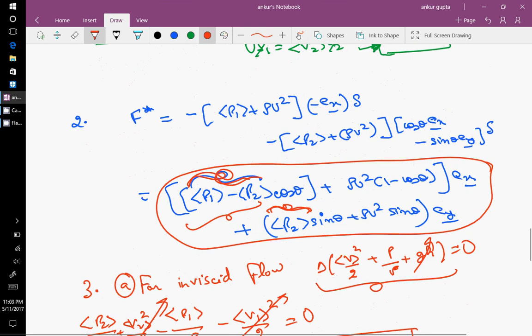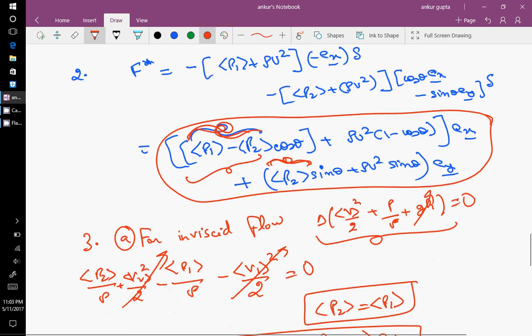So if we have a large theta, let's say a 90-degree bend, in that case you can imagine that P1 minus P2 will be large. There will be some losses because of bending also that we have to take into account. Because of all that, you will see a very different profile for F star just because P1 minus P2 is no longer equal to 0.